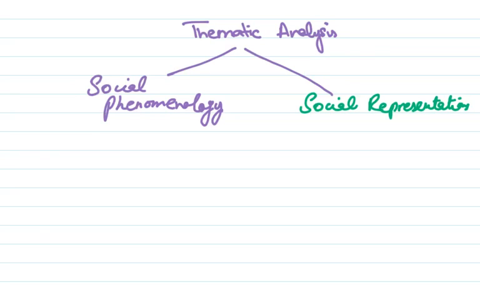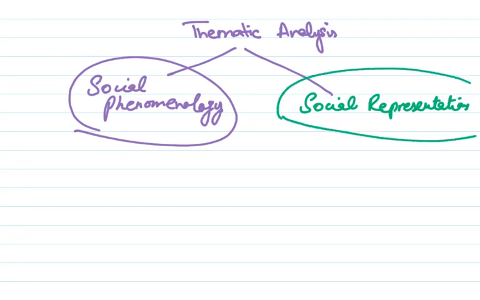When you're asking questions using a social phenomenology approach, you're looking at how people experience a particular phenomena. On the other hand, when you're looking at social representations, you're looking at how individuals or institutions represent a particular phenomena. Now, what could that possibly mean?